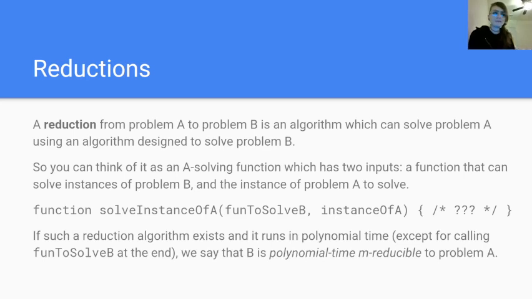Okay? And if this algorithm exists, if we can write this function, and if it runs in polynomial time, we're not counting the call to fun to solve B here, but if the function itself runs in polynomial time, then we would say that A is polynomial time M reducible to problem B. M stands for many one. We often don't even say M reducible.